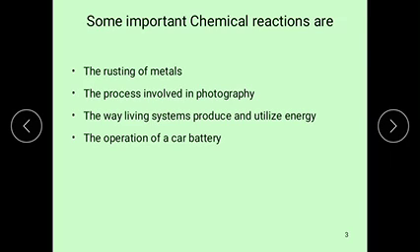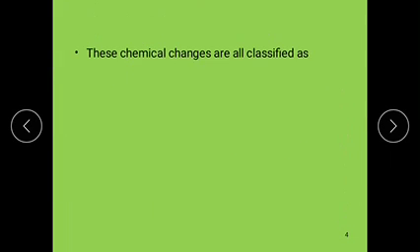These are different chemical reactions which involve oxidation and reduction reactions, or redox reactions.